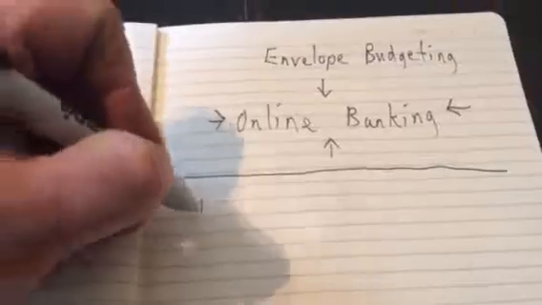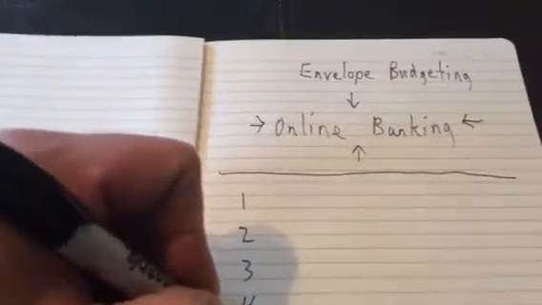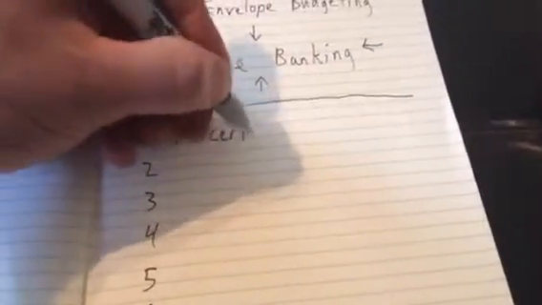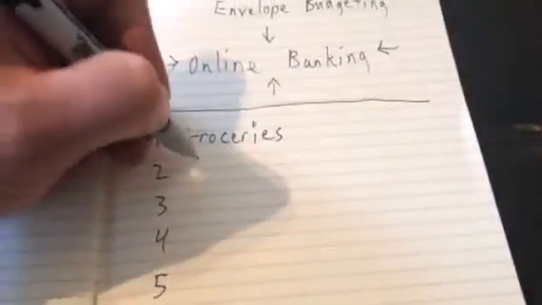So what I like to do is start off with some basic categories. That way it's not overwhelming. So you just start off with groceries. This time I want to make sure everything's in focus, so that you can actually see it.